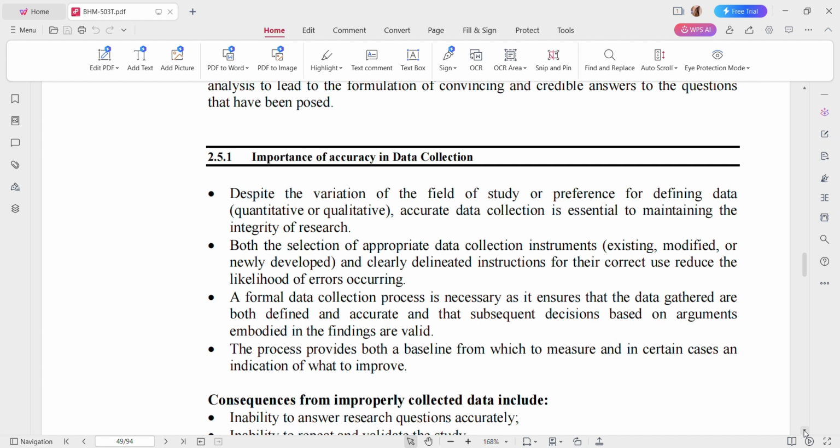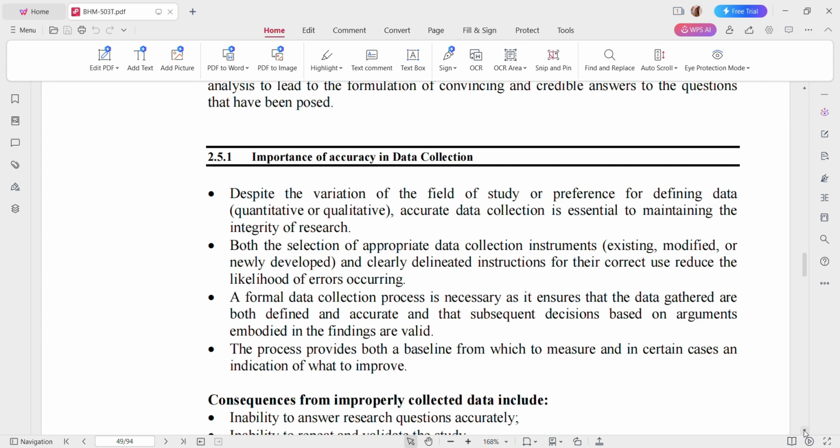Next, a formal data collection process is necessary as it ensures that the data gathered are both defined and accurate, and that subsequent decisions based on arguments embodied in the findings are valid. So formal data collection process is very necessary, no? Since it assures that the data gathered are defined and accurate.